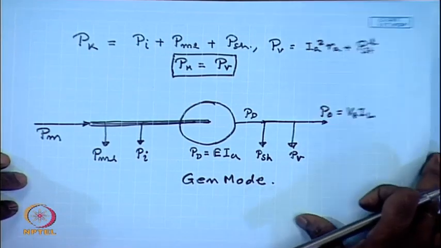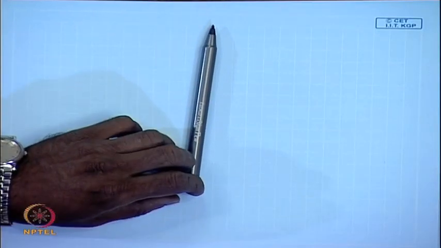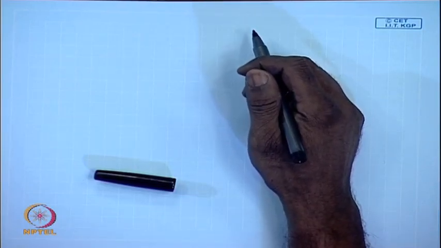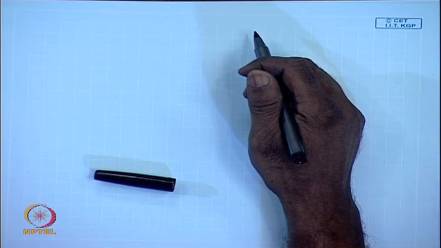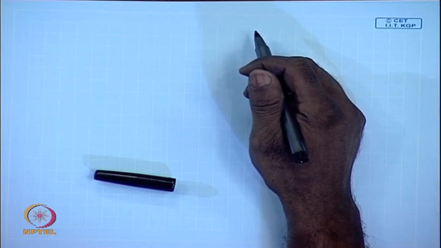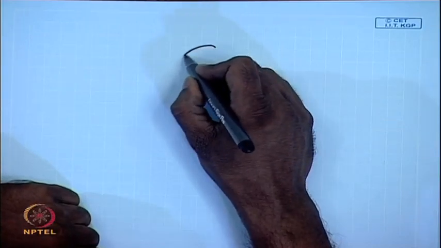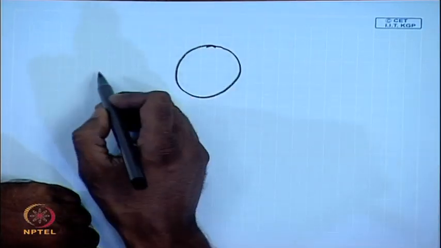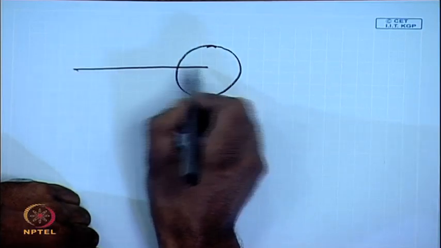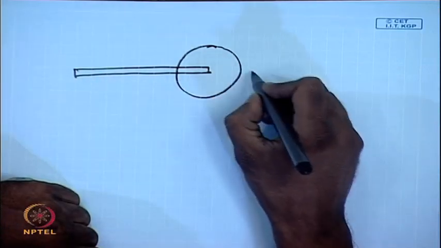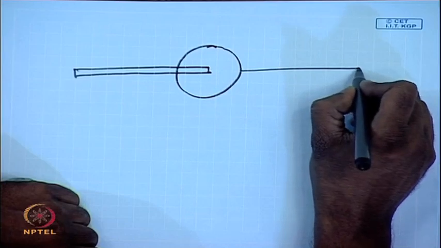In the motor mode, the diagram will reverse to some extent. So, in the motor mode, the electrical power is input.